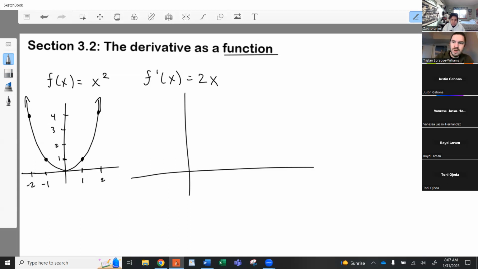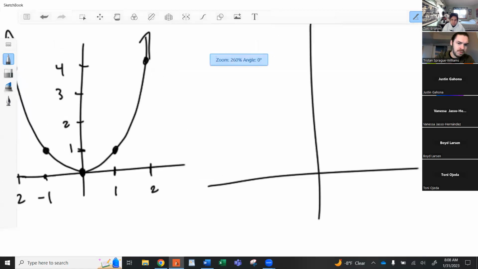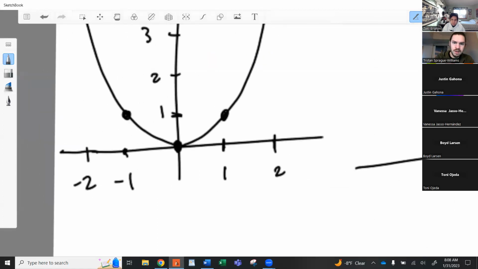The graph of 2x, what it does is it shows you for each x value, it outputs the slope of the tangent line from the original graph. So for example, on the original graph, when x equals 0, the parabola has its vertex at that point.